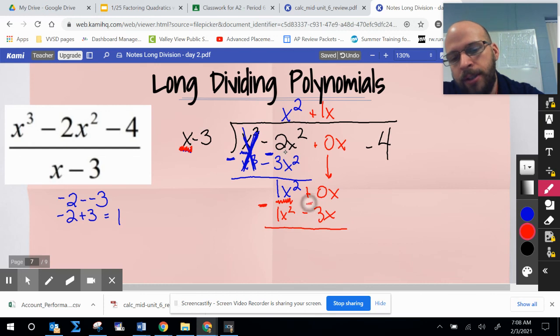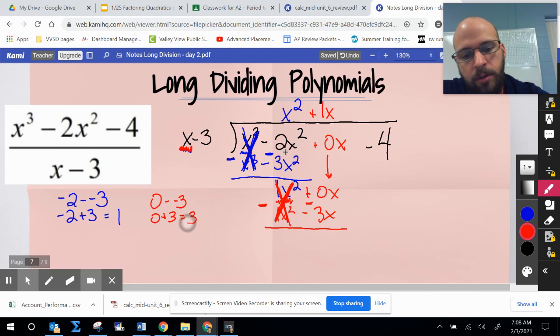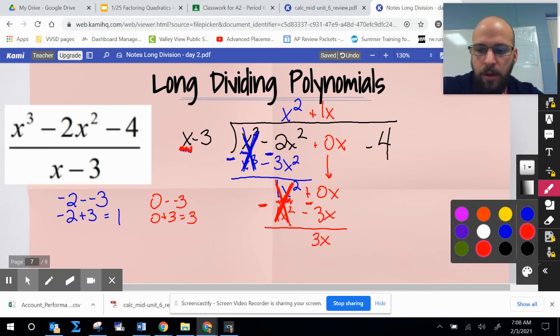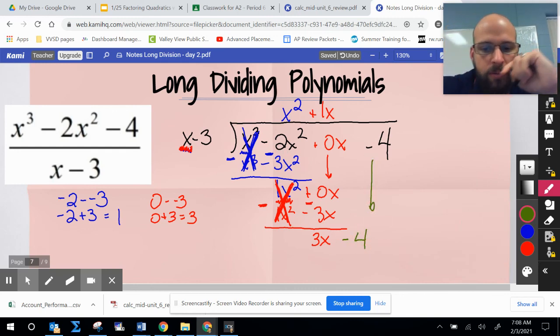I'm going to subtract. 1x squared minus 1x squared cancels. 0 minus a negative 3 is 0 plus 3, which would just give me 3x. And then we're going to bring down the negative 4.